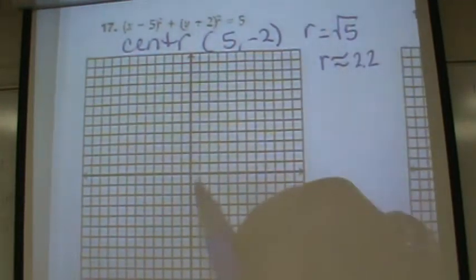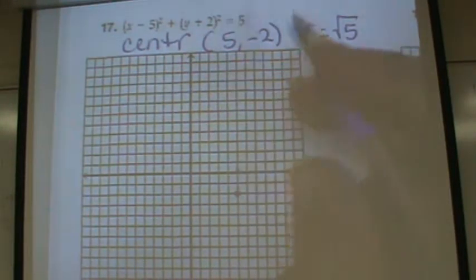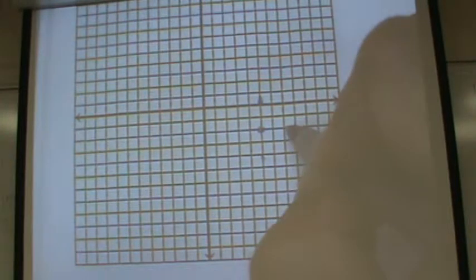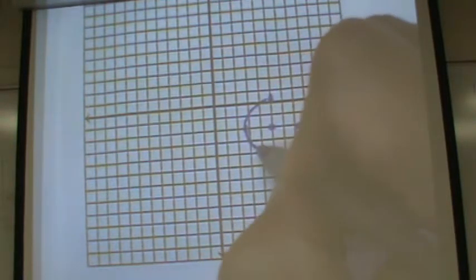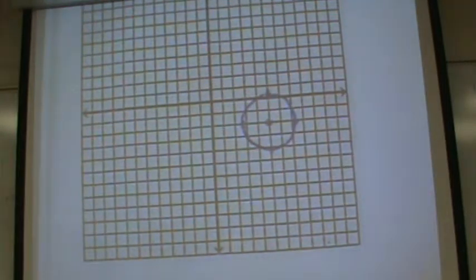So you're going to go to (5, -2), and you're going to go 2 and a little bit more, up. So it's not on 2, but a little bit past, like that. Good enough.